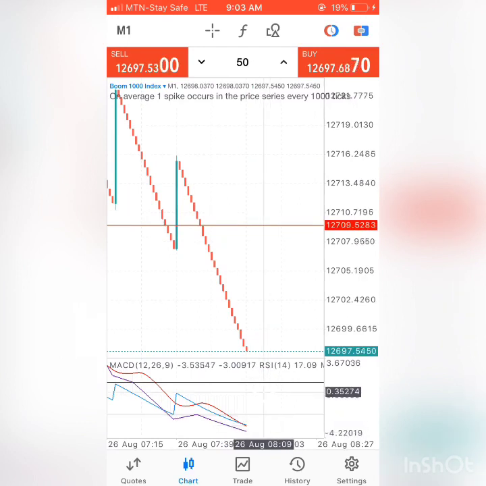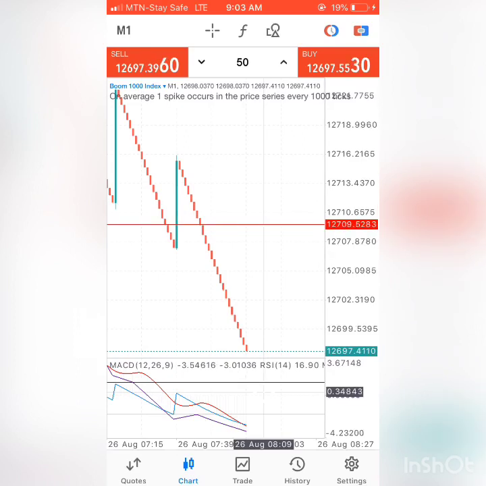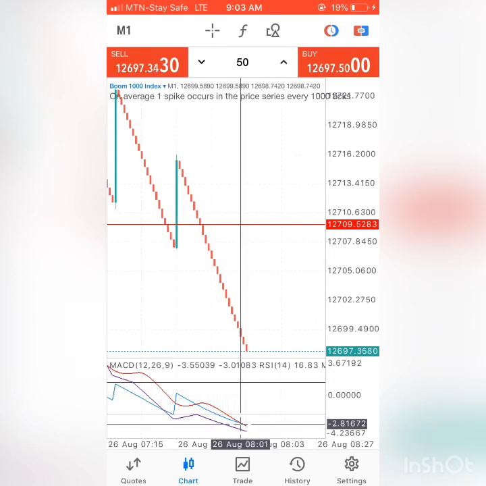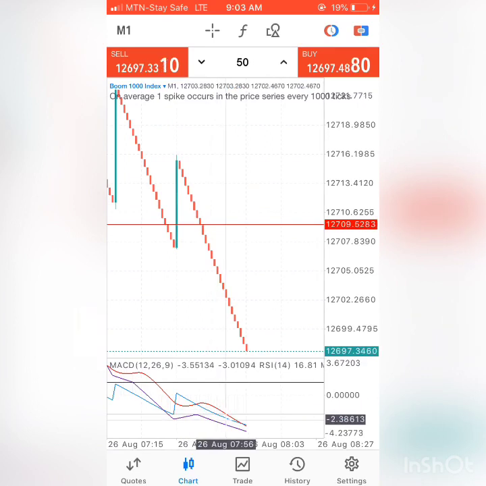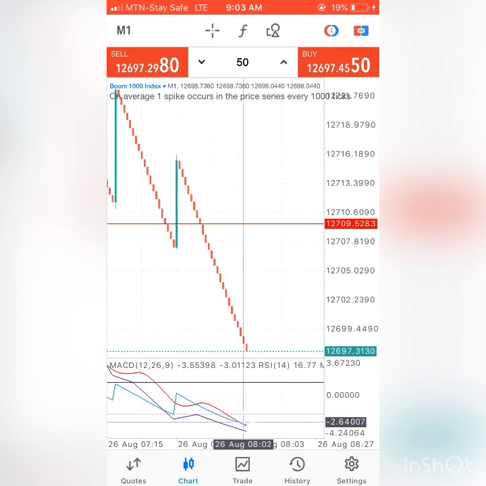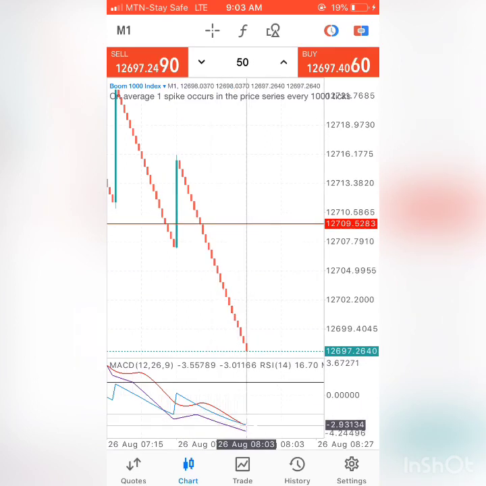So now, the confirmations that you need, okay? The confirmations that you need while trading the Boom 1000, because you want to catch spike the upper way, you have to first of all look out for a cross. Like now you see that this blue line, when it came down here, it has crossed with the red line.